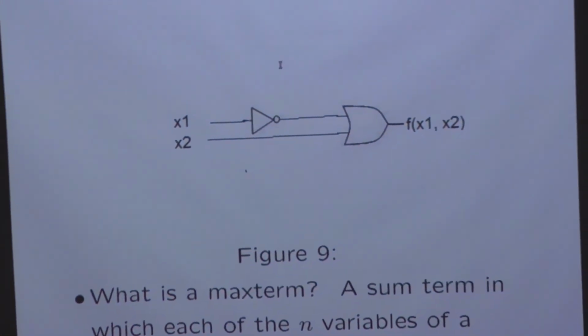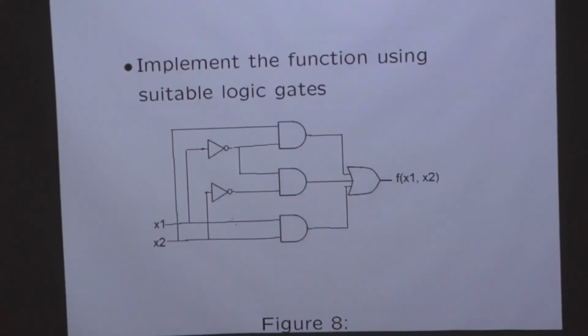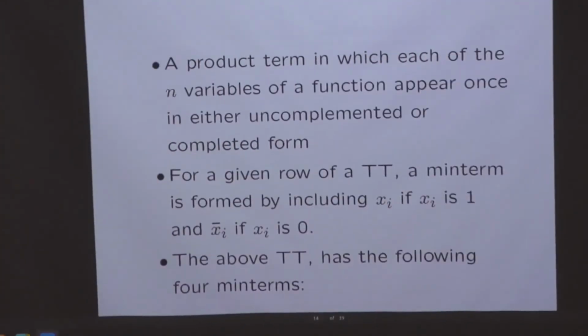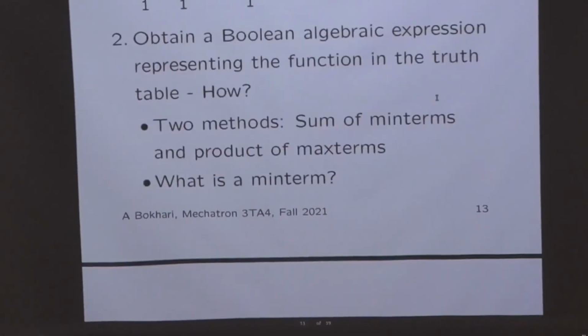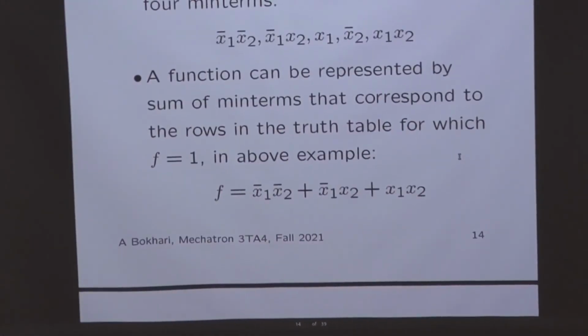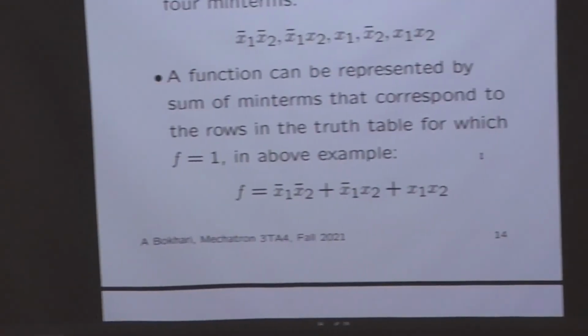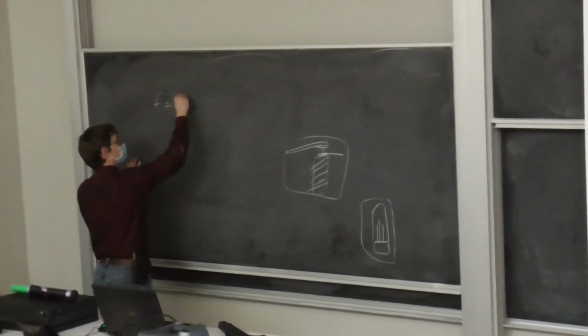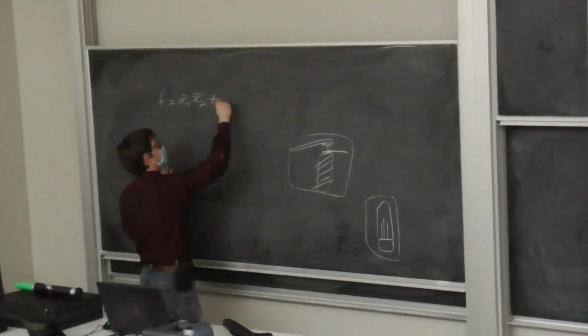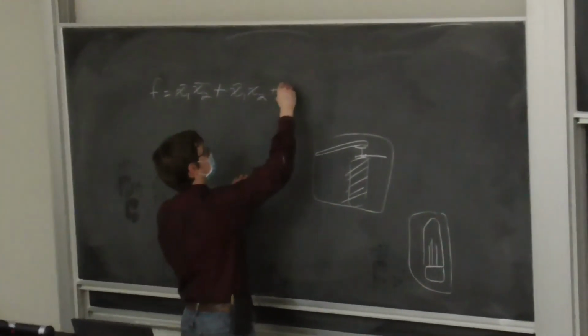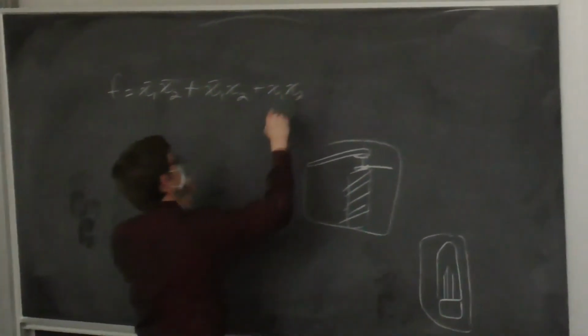So, if we wished, however, to perform algebraic simplification of it, which I will attempt, we'll see how I do, given how things have gone today so far, who knows if I'll be able to pull it off, but I'll try. So we have x1, not x1, not x2, or not x1, x2, or x1, x2, right?